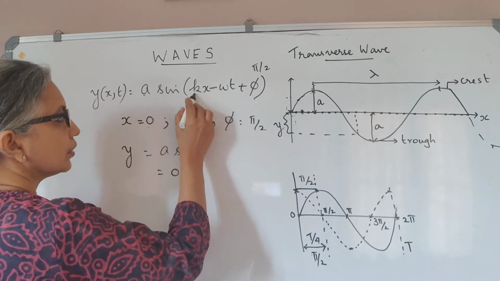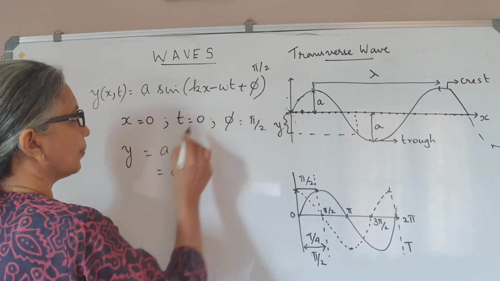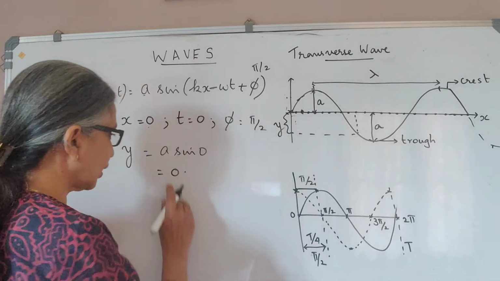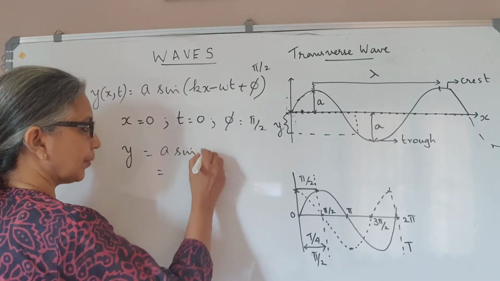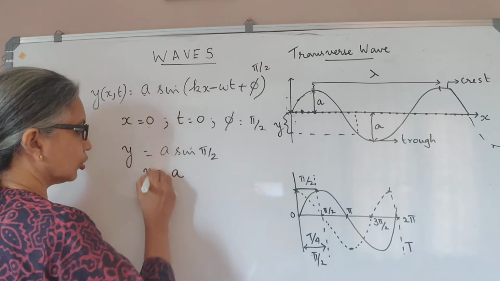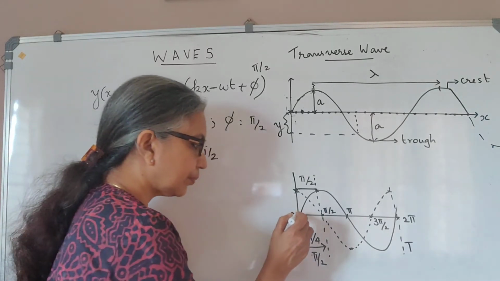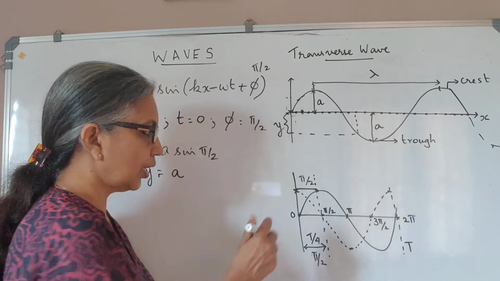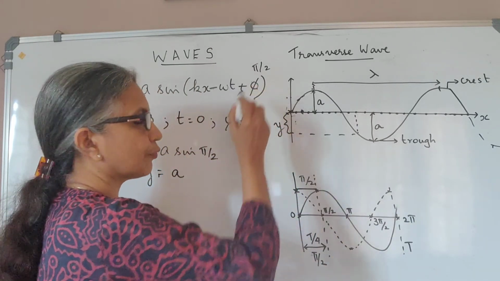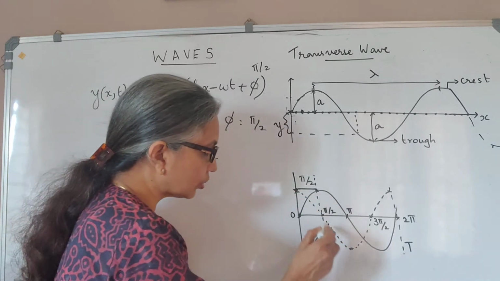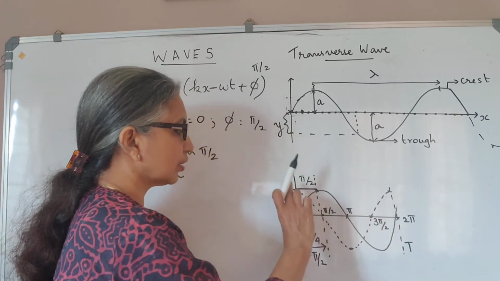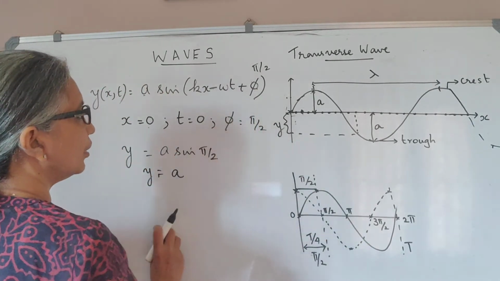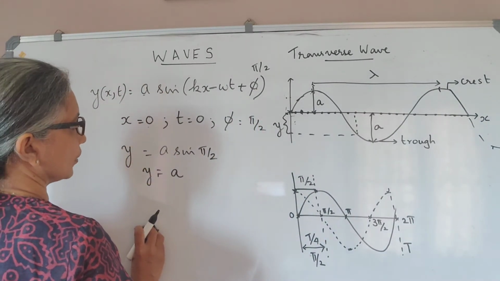So y equals a sine pi by 2, sine pi by 2 being 1, and y equal to a. So this wave which I have drawn with a bold line has a phase constant, initial phase phi equal to 0, but the dotted one has an initial phase equal to pi by 2. So this is what we mean by initial phase or phase constant.